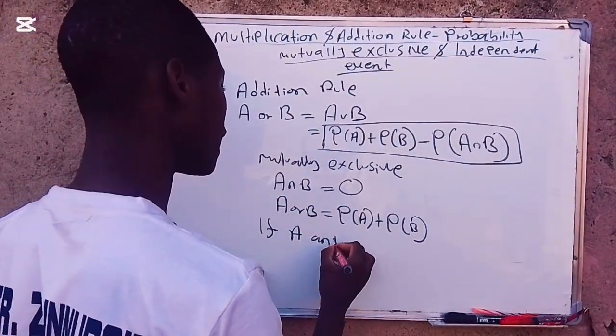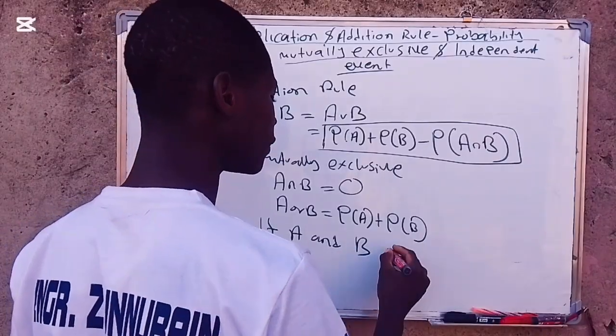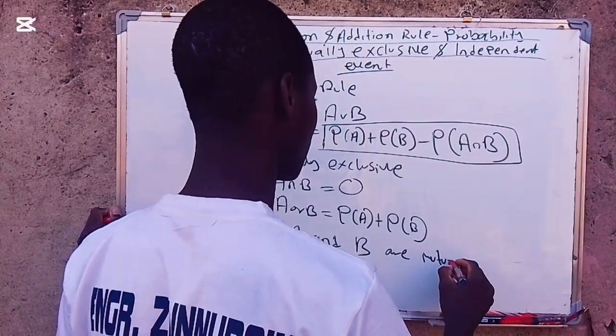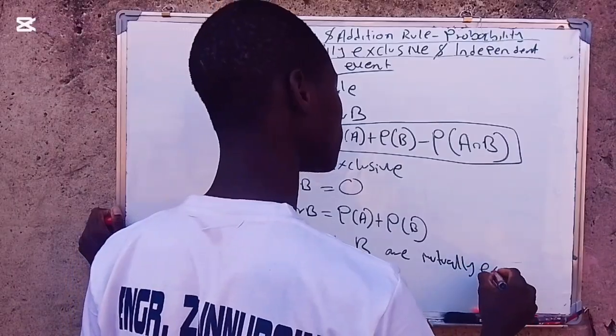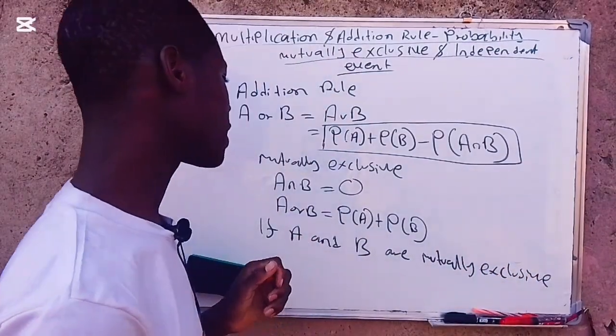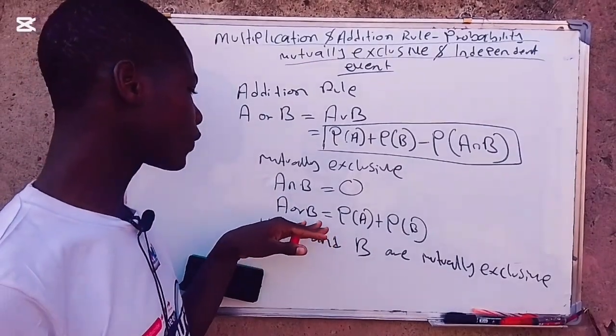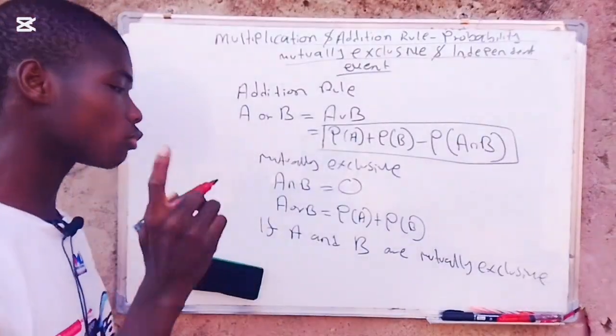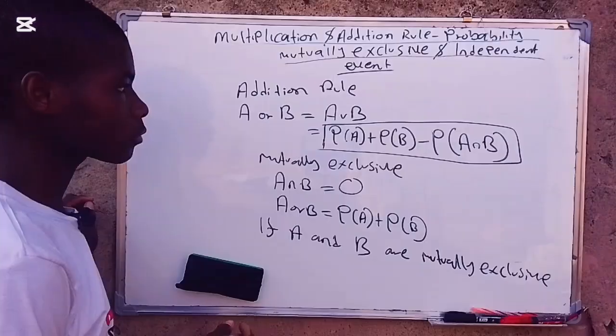So if they are mutually exclusive, this should be 0, and therefore A or B should now be the probability of A plus the probability of B.